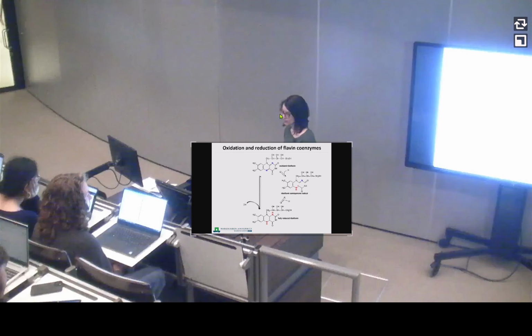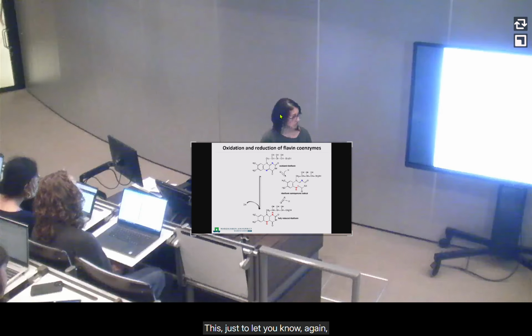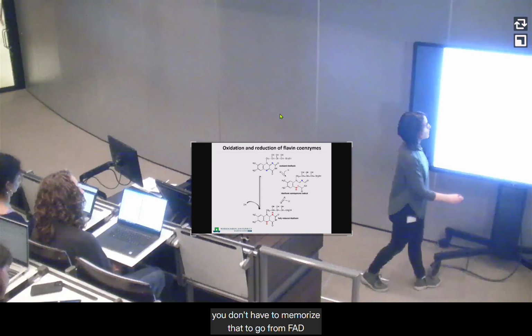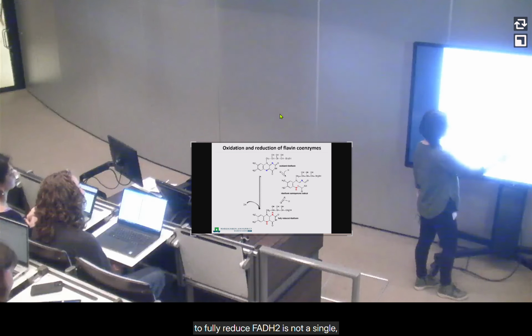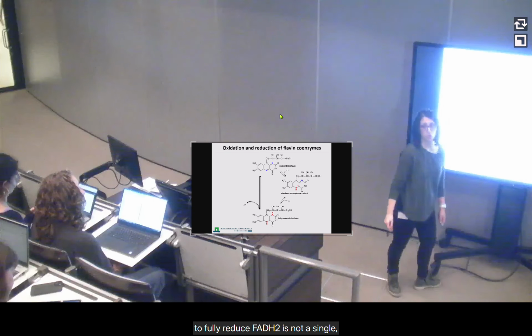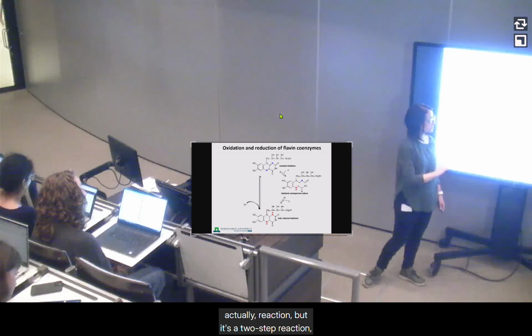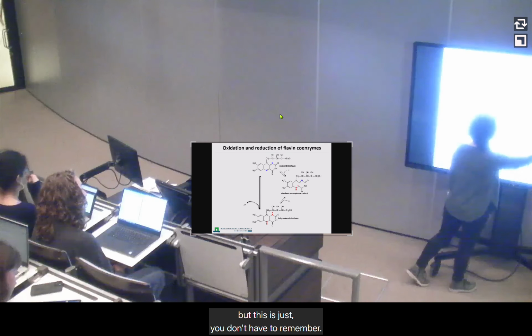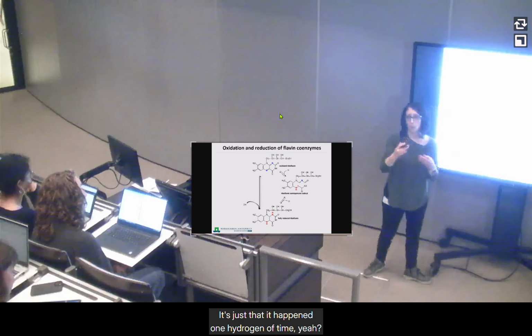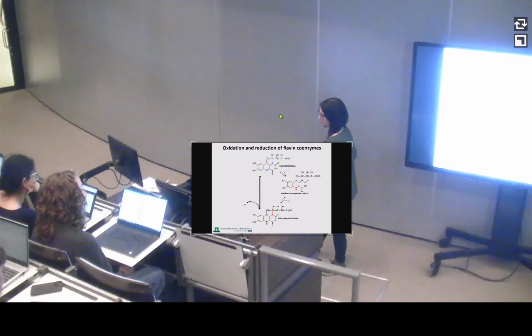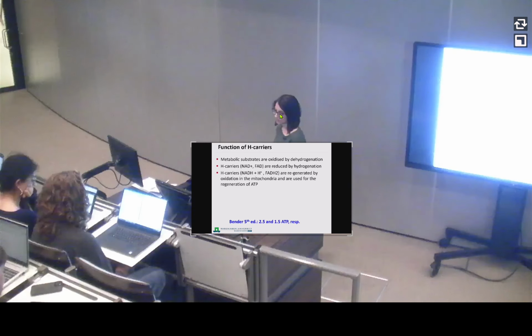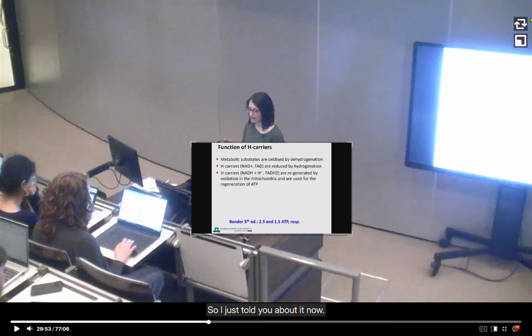In the reduced form, you have FADH2. Just to let you know, again, you don't have to memorize that to go from FAD to fully reduced FADH2 is not a single reaction, but a 2-step reaction. But you don't have to remember. It's just that it happens 1 hydrogen at a time. Yeah?